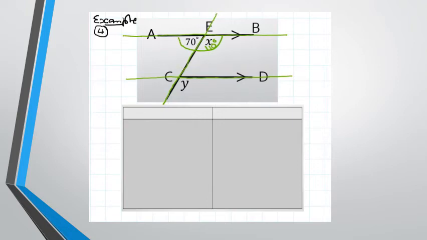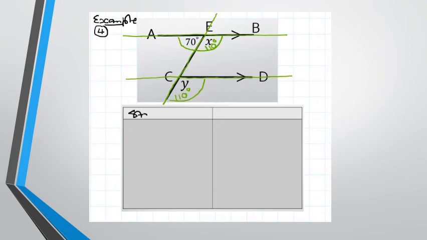And if I look at x versus y, those two must be corresponding angles, so therefore y must be equal to 110. Look how easy my calculation has become. So let's start answering it now.